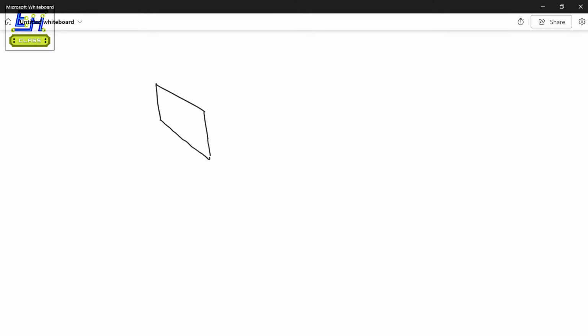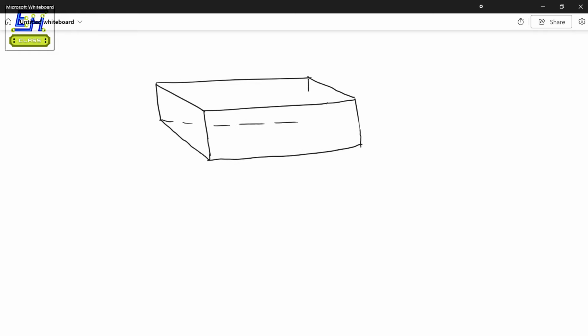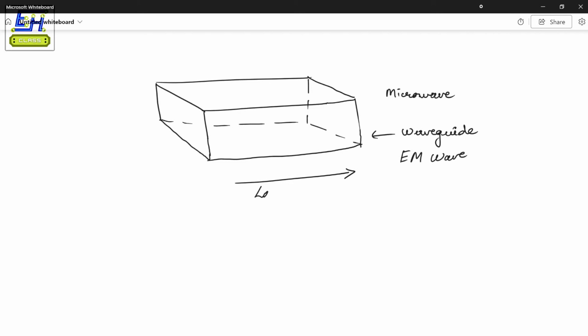So we have these different shaped hollow structures that are used to guide electromagnetic energy, and many of the times it's some kind of electromagnetic wave, like a microwave. And this waveguide essentially confines the electromagnetic wave inside it so that we can make it travel long distances.